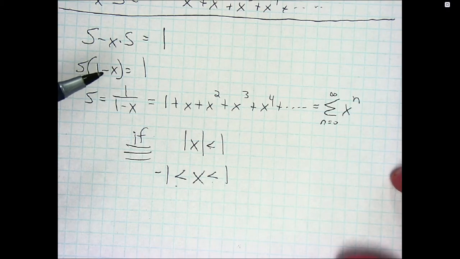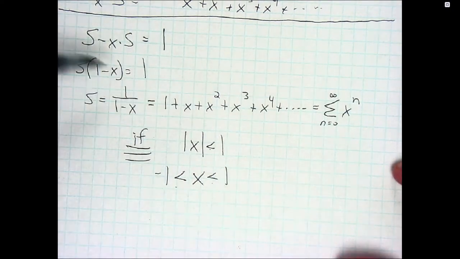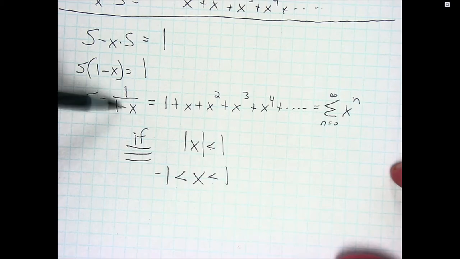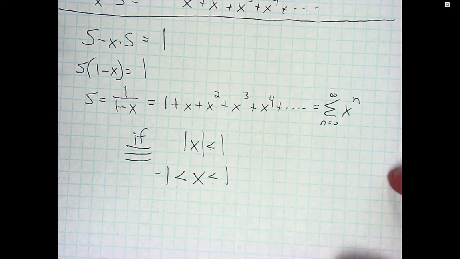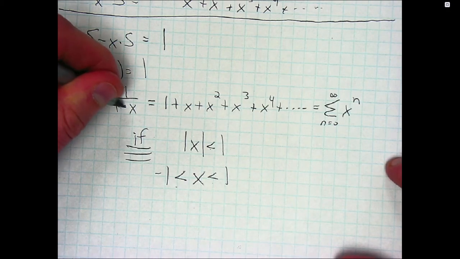So it's strictly less than 1, strictly greater than negative 1. It has to be in between those two things. If that's the case, then this geometric series is exactly equal to 1 over 1 minus x. And so this is sort of cool, right? We can sort of transfer between this rational function and this infinite series as we want or need to.